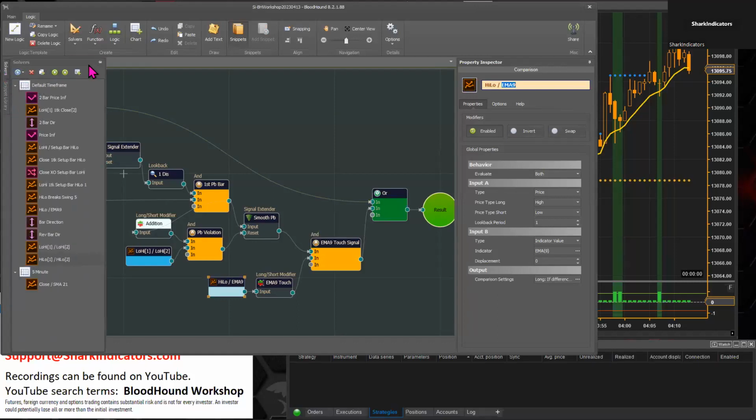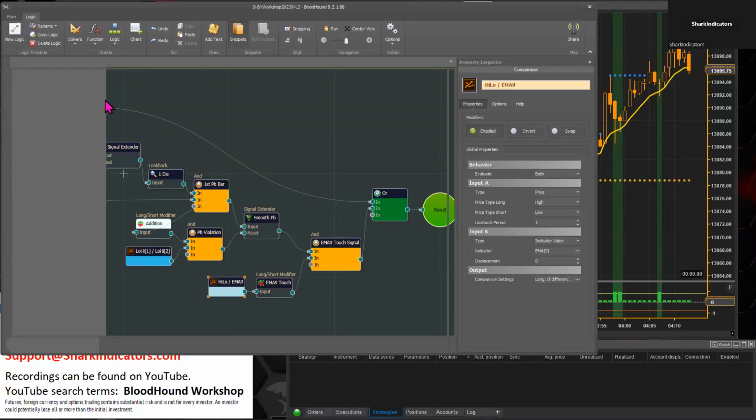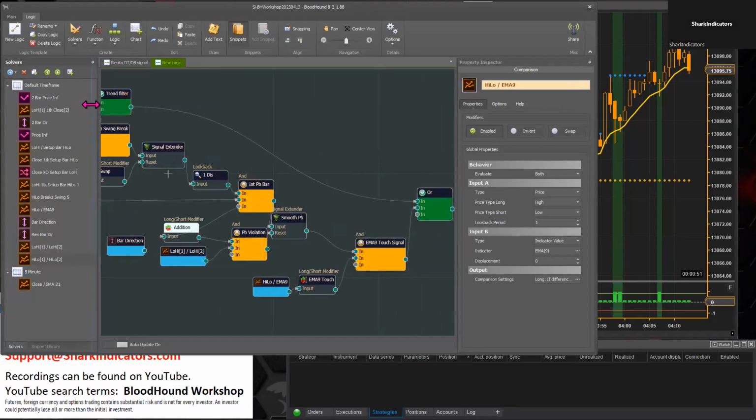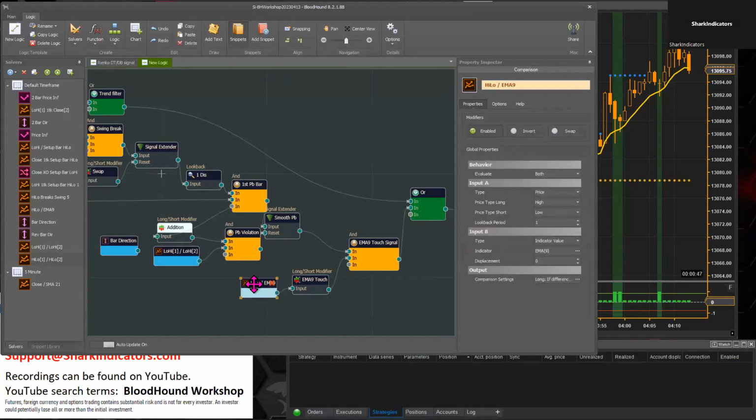So if we open up our list of solvers here, let me pin that. You could take this solver here. Right now it's running on the 1-minute chart, and you can make a copy of it.